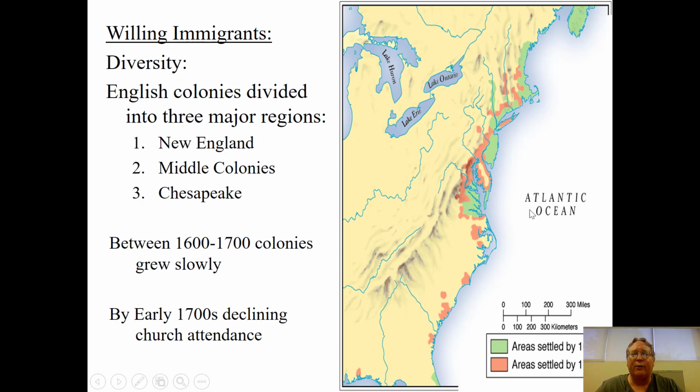But by the 1700s, as the English learn how to adapt to this area, as they push the natives out of the way and slowly but surely gain more land, they do grow. By the 1700s, you have English settlements all up and down what is going to become the eastern seaboard of the United States.